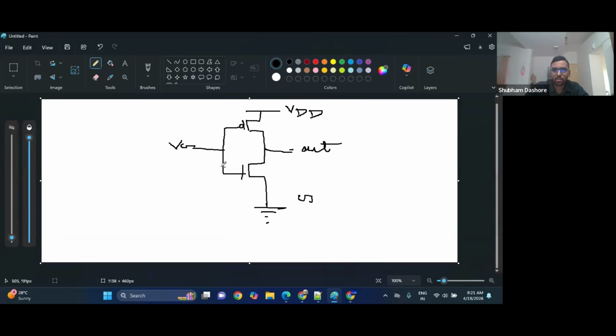Initially, let us assume the gate voltage is 0, so the output was 1.